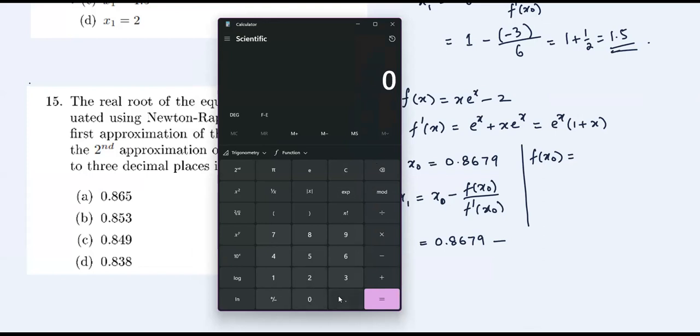So x is 0.8679 times e raised to 0.8679 times, okay, I think if we do a simplification, it will be easier for the calculation, but still, this is 2.06725.